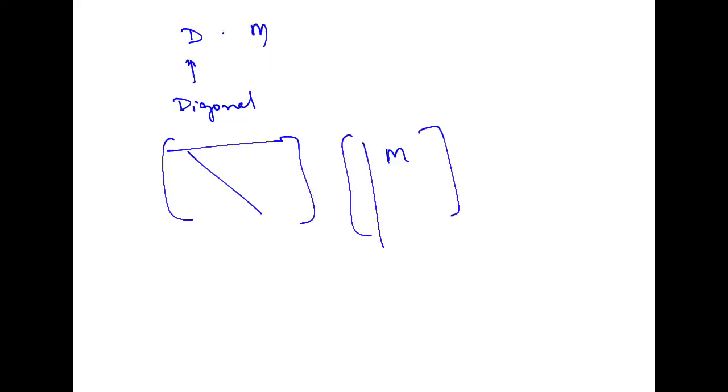But all are 0, right? This is 0, this is 0. So let's say it's M dot 1, M dot 2, M dot 3. Okay? So the I-th entry of the diagonal is scaling every I-th row. Okay.